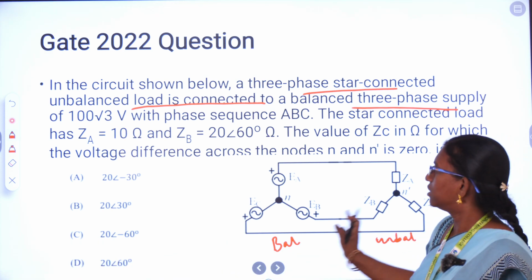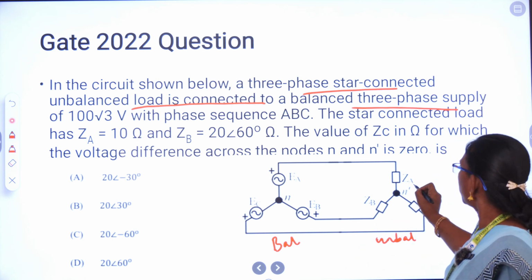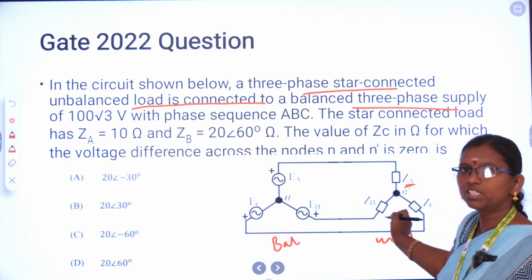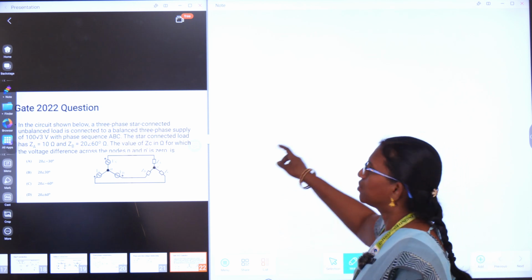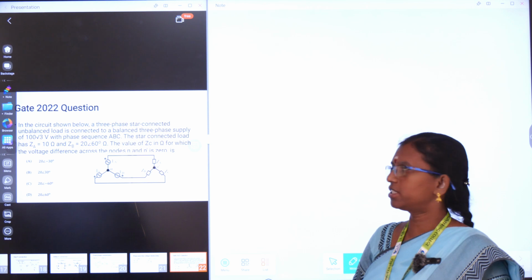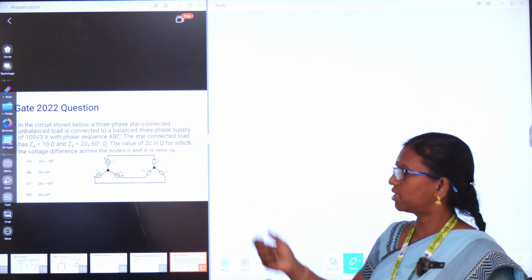So the complete system is called unbalanced, since from the statement it is understood that the impedances of all the 3 phases are not equal. So we must first understand what data is given in the question and find the unknown which is asked.